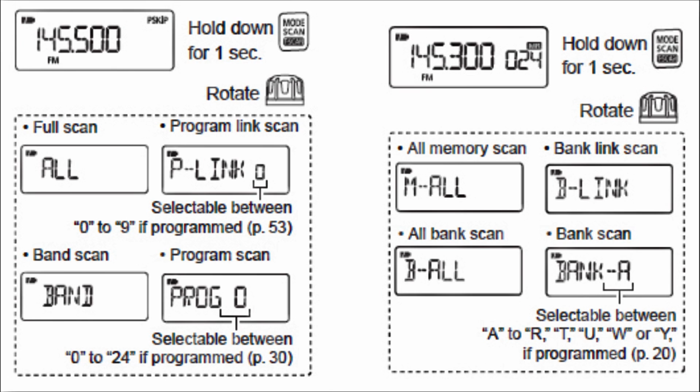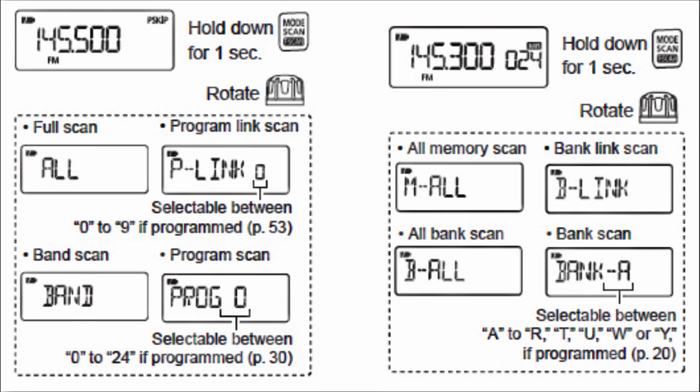You don't want the memory recall option selected, and when you hit the scan button, hold it down for 2 seconds, you'll have an option to go through a band, B-A-N-D, all the different memory channels, or specifically the program channels 0 through 24, and those are the ones where you set up an A and a B, an upper bound and a lower bound, and you then just scan and you cycle through all of those. That's the typical program scan.